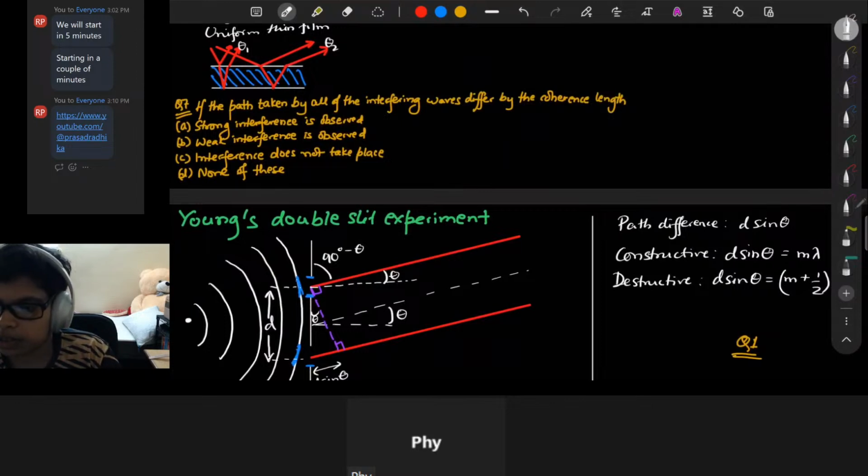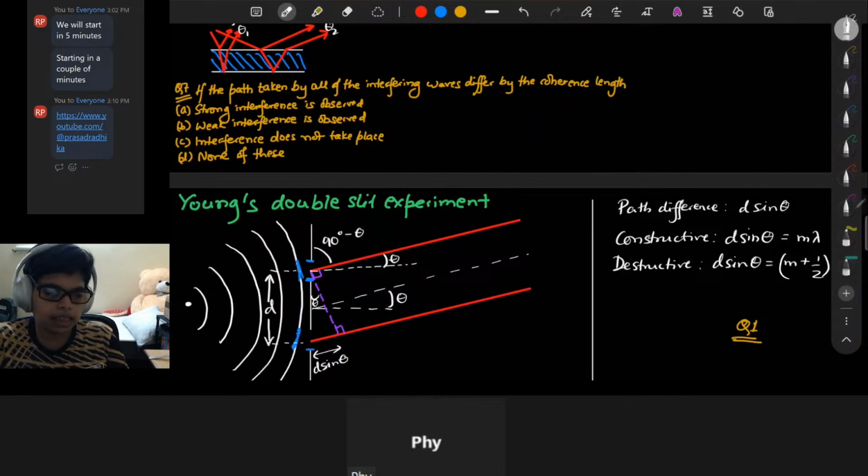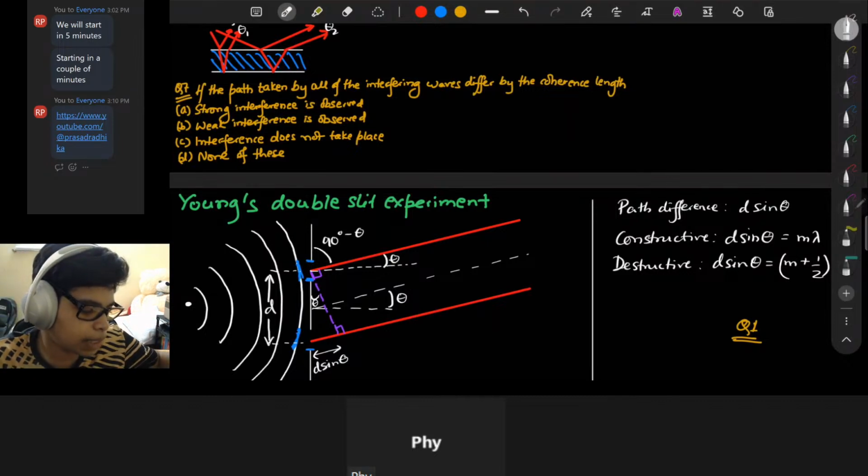Next question. If the path taken by all of the interfering waves differ by the coherence length, then options are strong interference is observed, weak interference is observed, interference does not take place, or none of these. Again, the board will be active for you for a few minutes. Please answer.